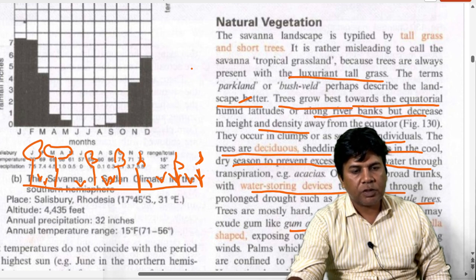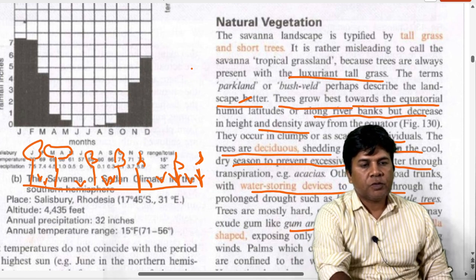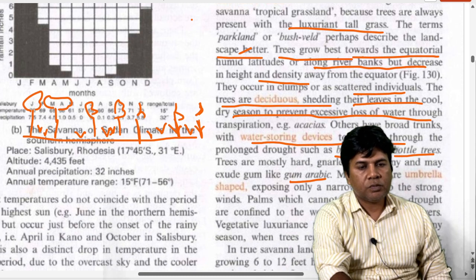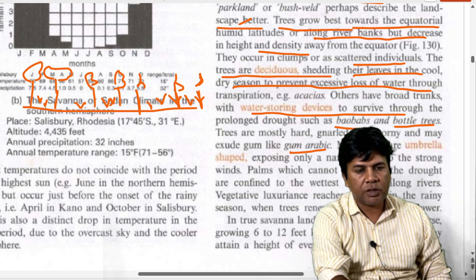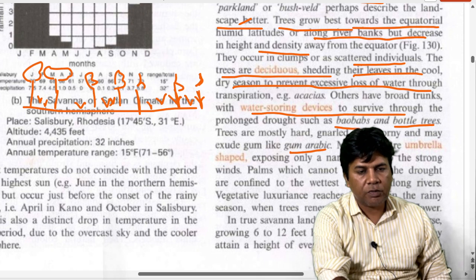Palms, which can withstand the drought, are confined to the wettest areas or along the rivers. Vegetative luxuriance reaches its peak in the rainy season when the trees renew their foliage and flower. In true savanna land, the grass is tall and coarse, growing 6 to 12 feet high. The elephant grass may attain a height of even 50 feet.